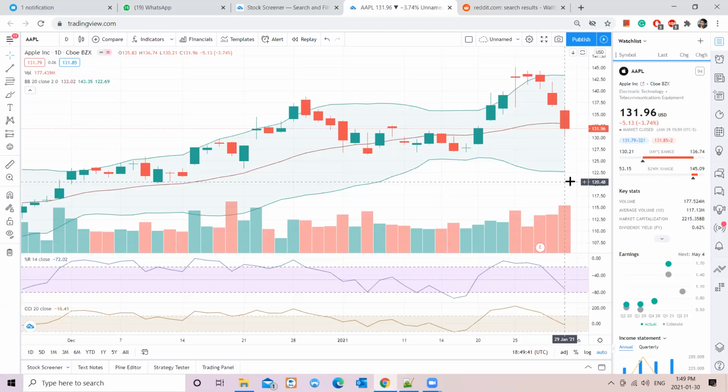Yeah. 121. Stop of 121. Yeah. So this could be a good entry point for those who are looking to enter Apple.